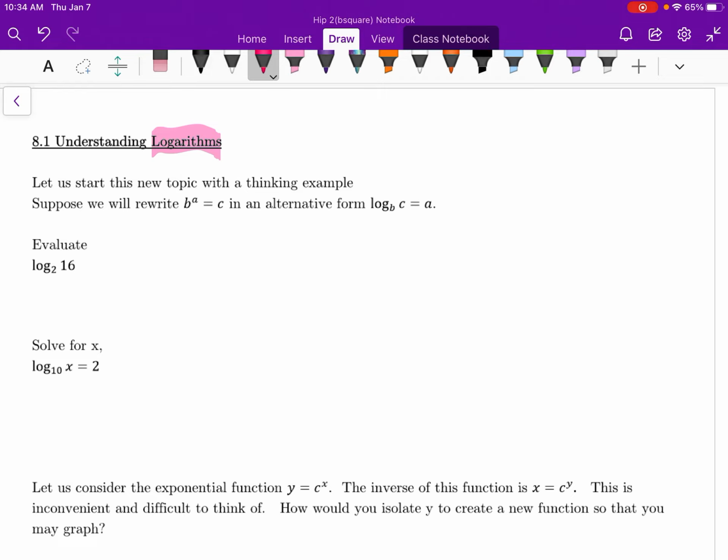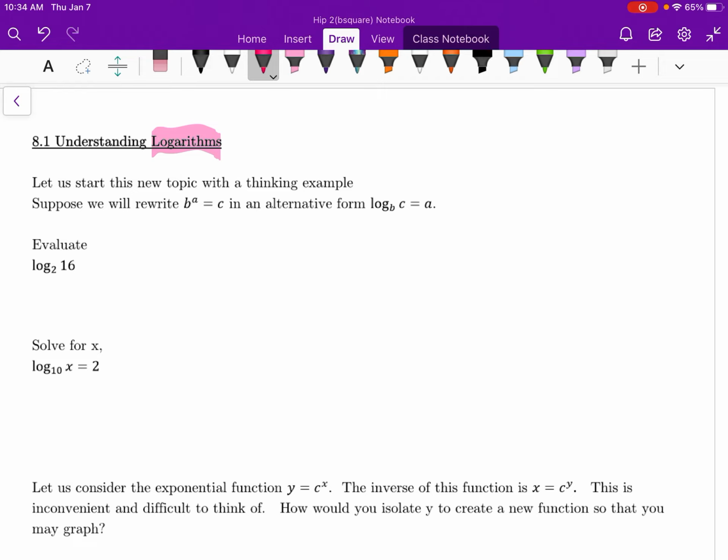So the history of logarithms, if you want to look it up, is really, really interesting. And basically, from my understanding, they just wanted an easy way for people to multiply. And somebody invented logarithms, and we can discuss it more when we see it in person, or you can look it up. Really interesting. Great IA topic, perhaps.